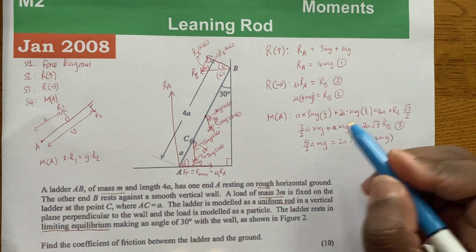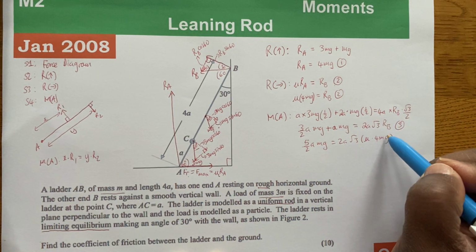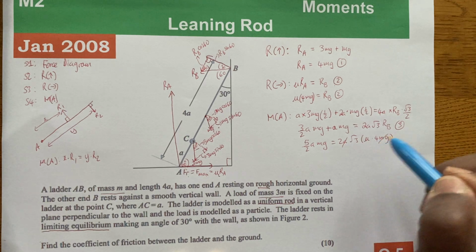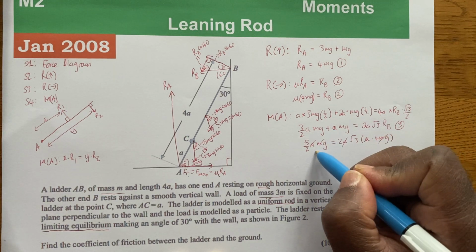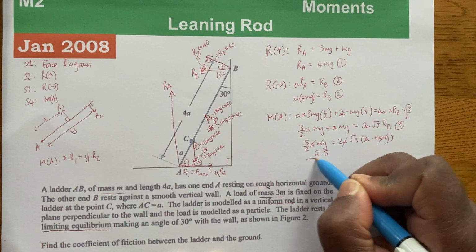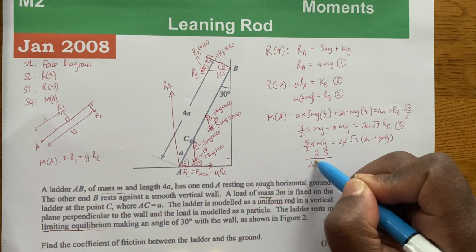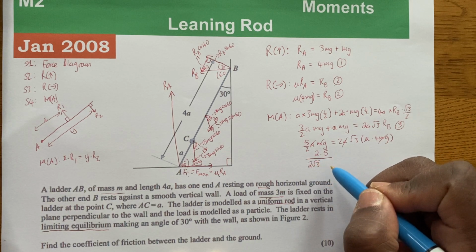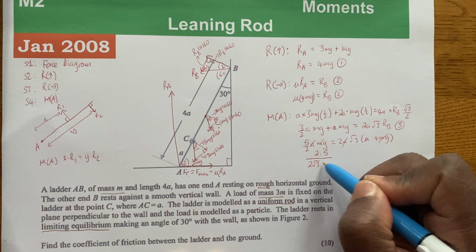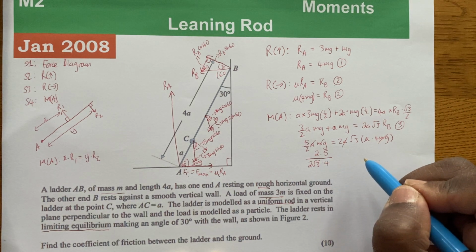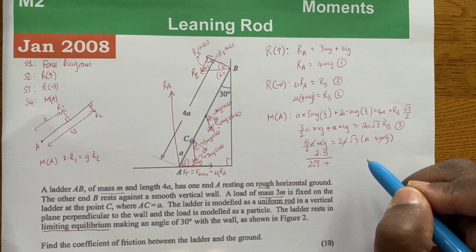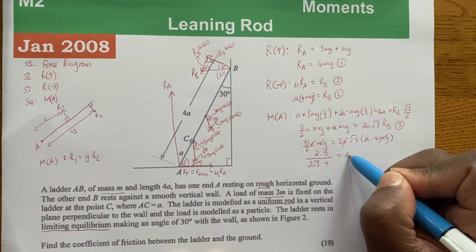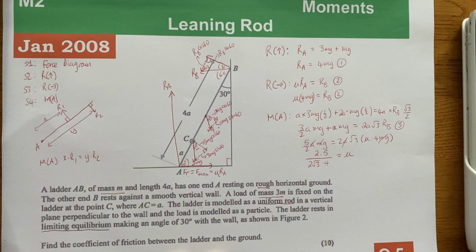So we can solve for mu. We can divide by amg, so that will cancel out, that will cancel out. So we have 2.5 divided by 2 root 3 times 4, and that will be equal to mu. We can type that into our calculator.